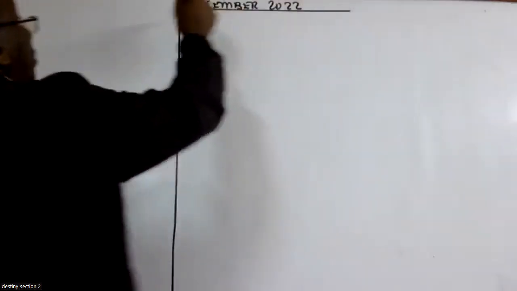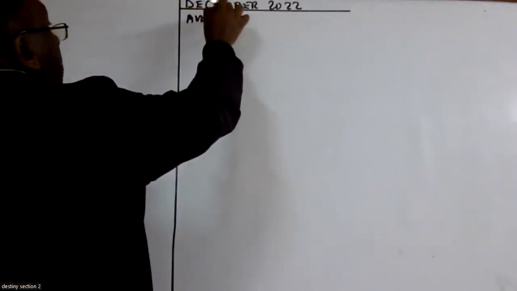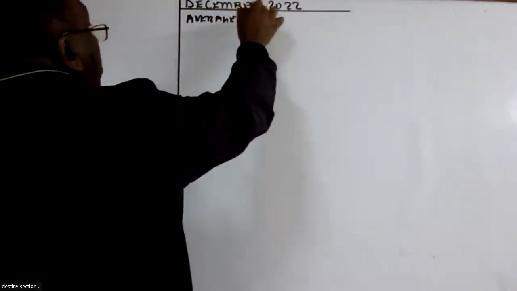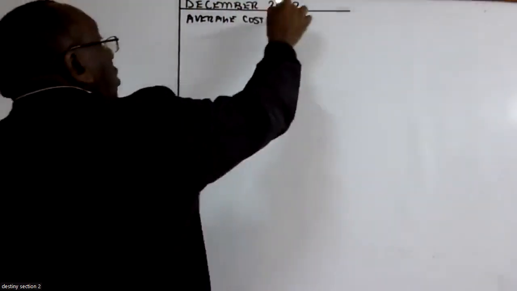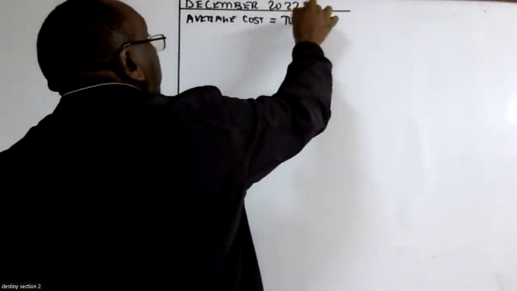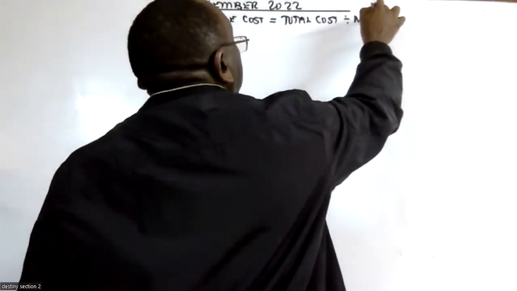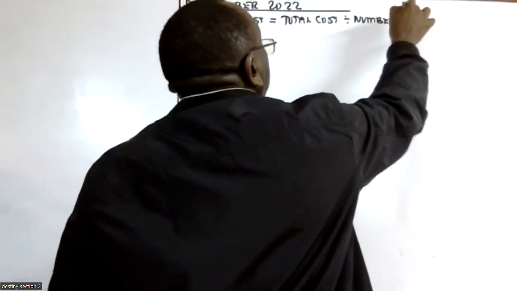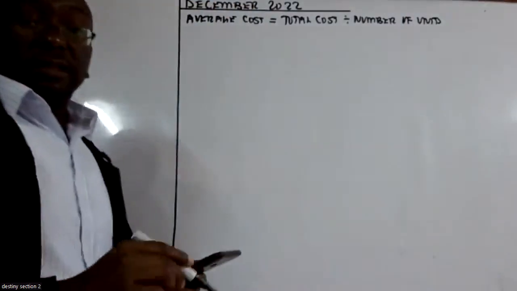Okay, so if they require the average cost function, the average cost is given as total cost, you divide by number of units.